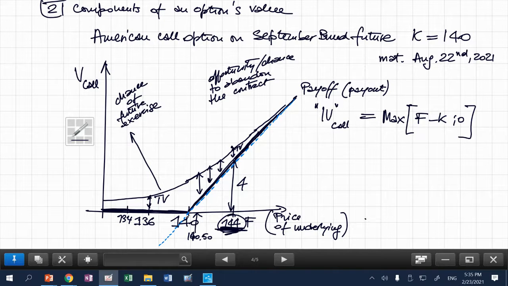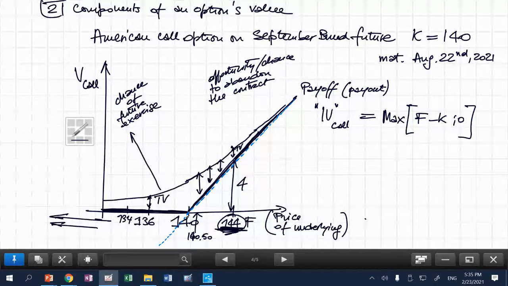Exactly as on the left-hand side, when you move towards the left by a lot, and the future price drops to 0, eventually the curve lies on the x-axis, when you are so tremendously distant from the strike that the chances of exercising the option are virtually 0. On the right-hand side, when the chances of abandoning the option are virtually 0, the curve must be lying on the payoff line. Is that clear?